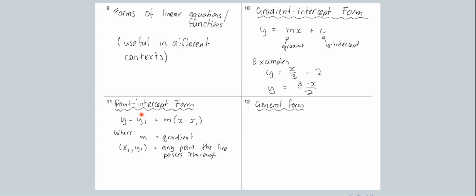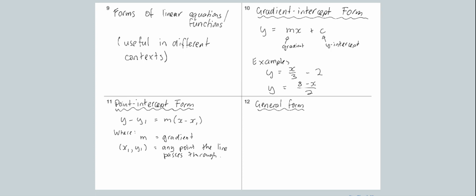Because if it was the y-intercept, then the x-coordinate would be 0, which would just leave me with mx. And the y-coordinate would be the y-intercept. If I added it to both sides, I would then get mx plus c, effectively. So any point that the line passes through.